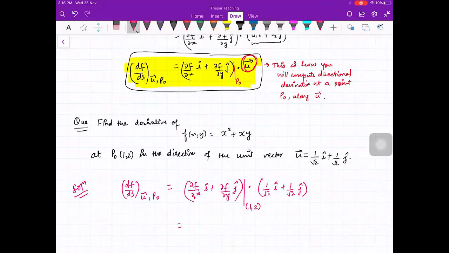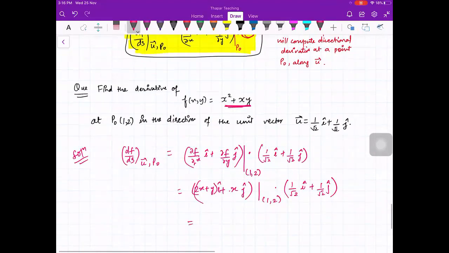∂f/∂x is 2x + y, and ∂f/∂y is x. At the point (1,2), you put x is 1, y is 2.